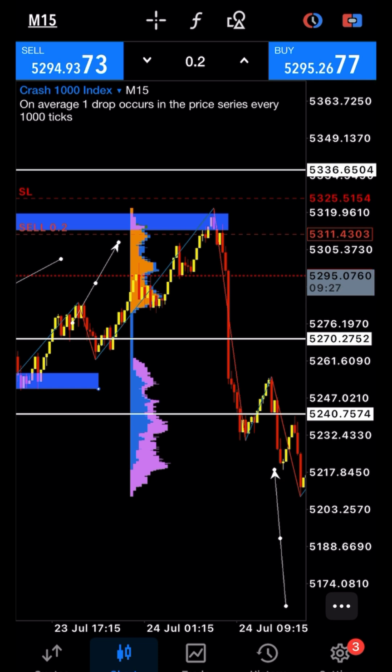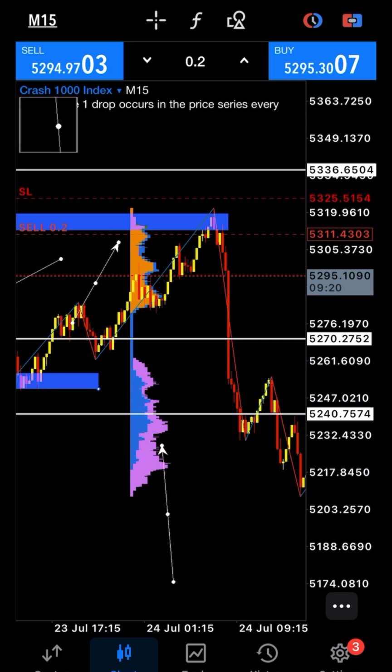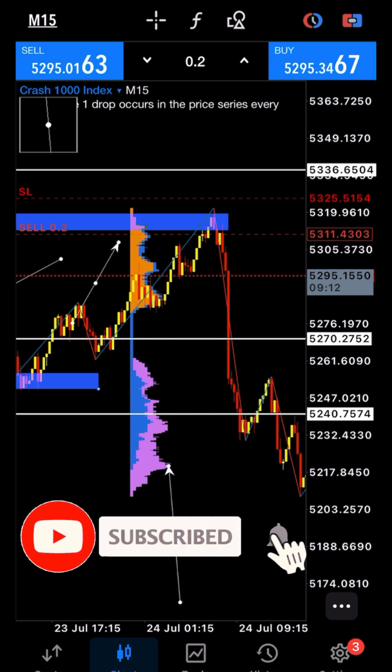Now, where do you anticipate price could go next? If you observe the volume, you will notice there was some volume movement here, and there was also a high volume on this end.